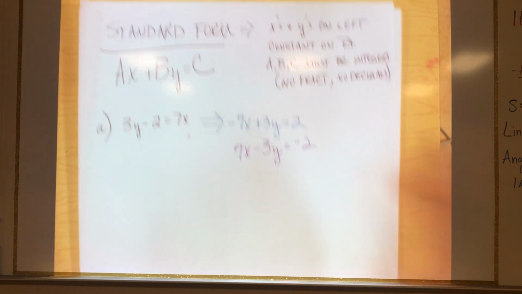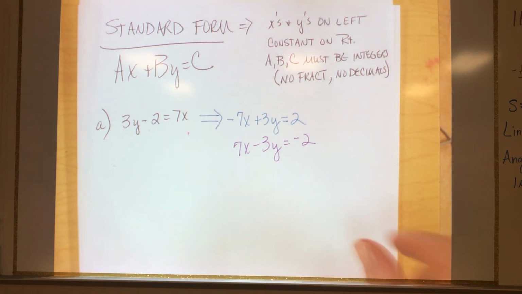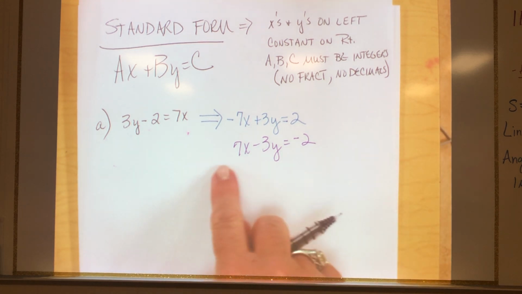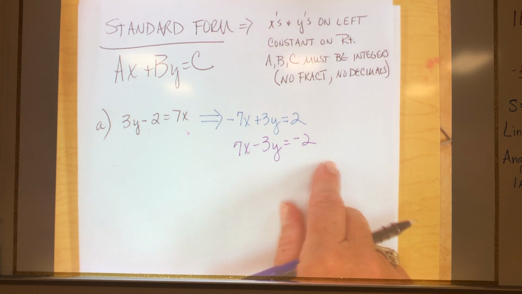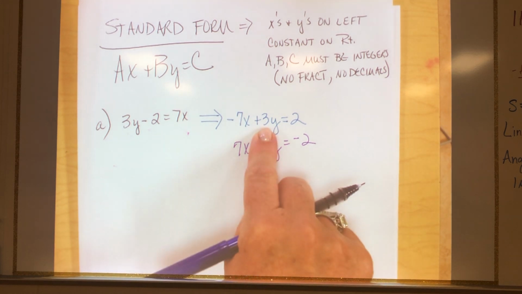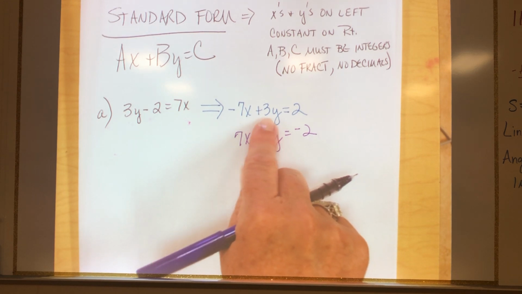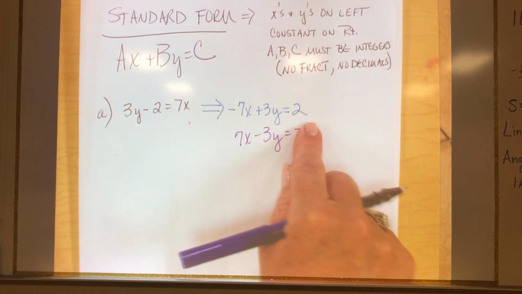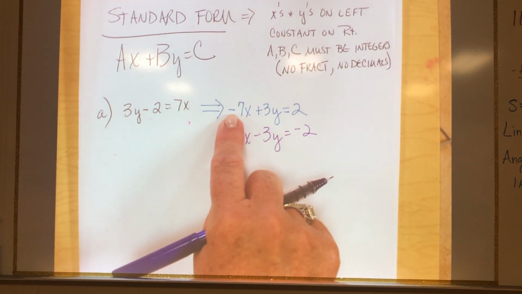Very good. So really all you're doing is you can either say I'm multiplying or you can say I'm dividing, because it's all the same thing, everything by -1, okay? And so all it does is change everybody's sign. I'm okay with this answer right here, not a big deal, but on a standardized test like your SAT or your ACT, or even if we took an end of course Algebra 2 test, they most likely are not going to have a standard form with that first term as negative.